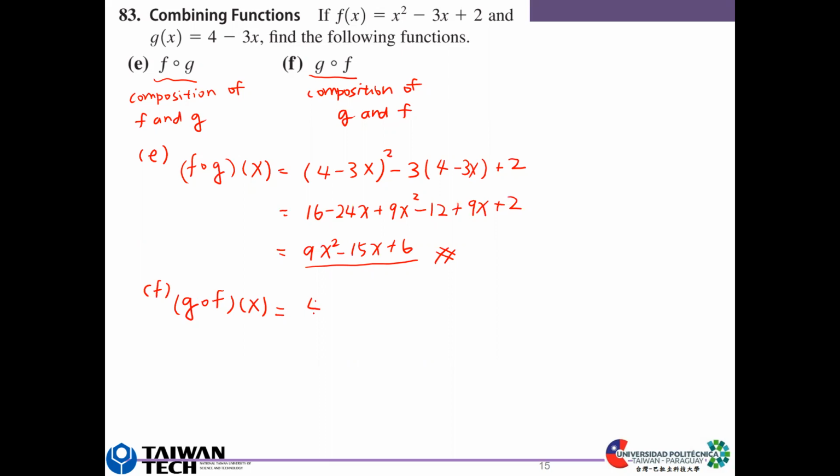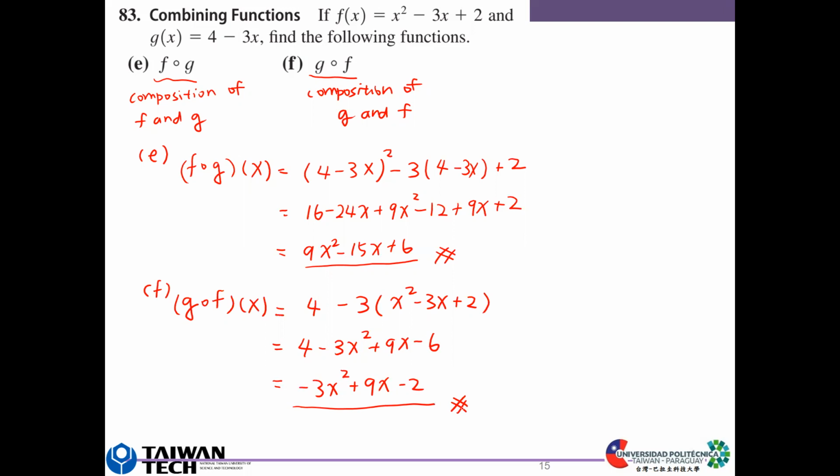So 4 minus 3 times (x squared minus 3x plus 2), which is 4 minus 3x squared plus 9x minus 6, which is minus 3x squared plus 9x minus 2. That is the answer. So this is called the composition function.